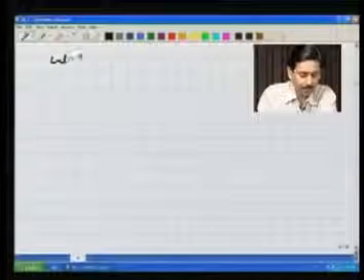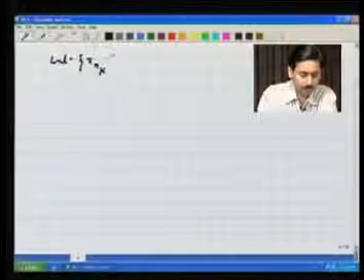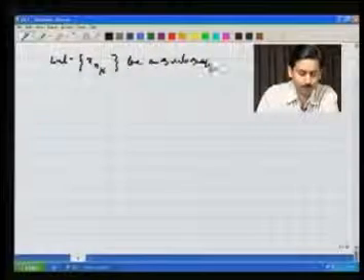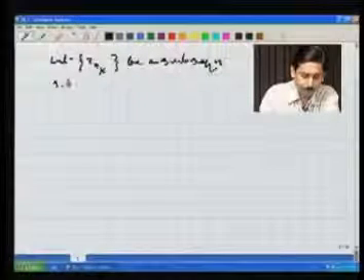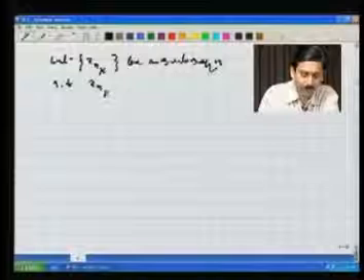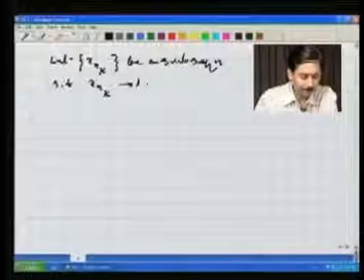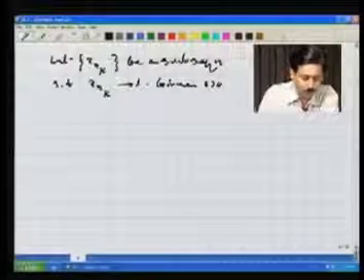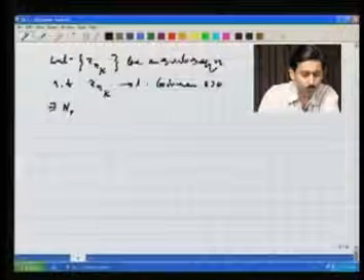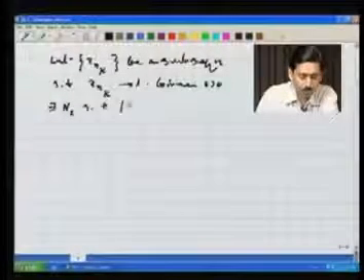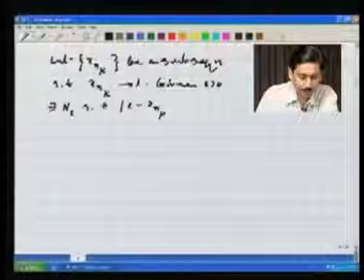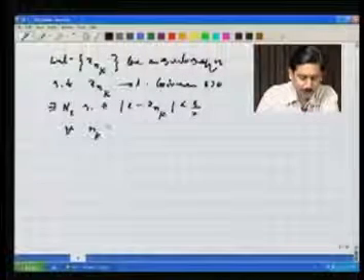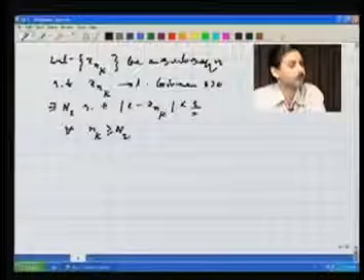Let xnk be a subsequence such that xnk converges to some real number L. And then by definition of convergence, given epsilon bigger than 0, there exists a stage n2 such that modulus of L minus xnk is less than epsilon by 2 for all nk bigger than or equal to n2.